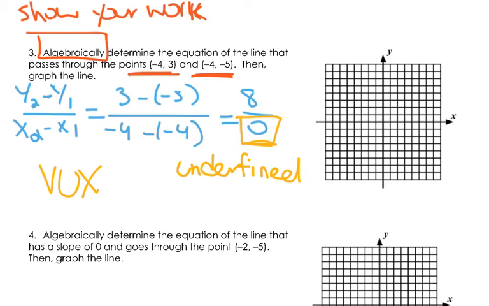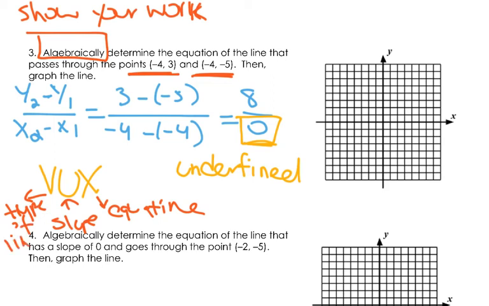Remember, if you go back to 2 days ago, this is telling you what the equation is. Okay, this is telling you about the slope. And this is telling you the type of line. So I know I'm going to have a vertical line.